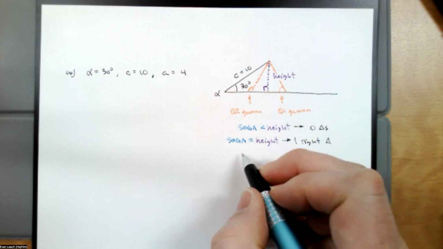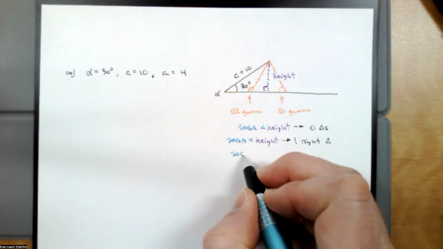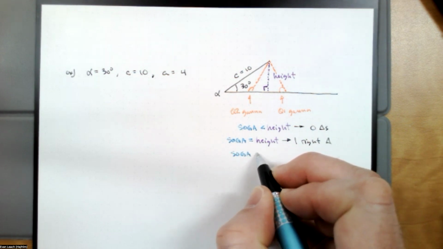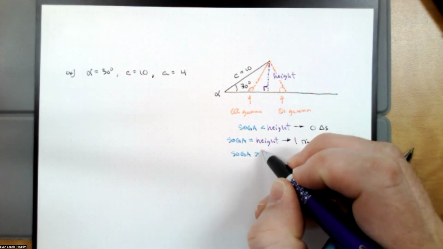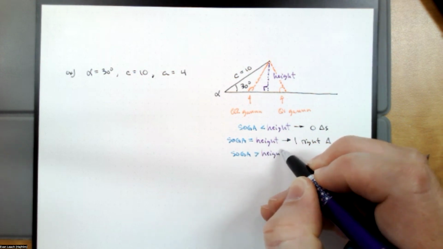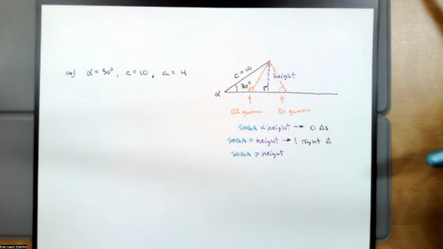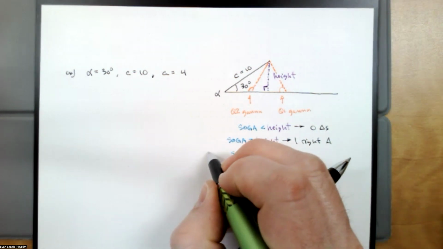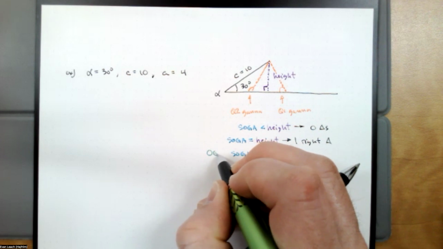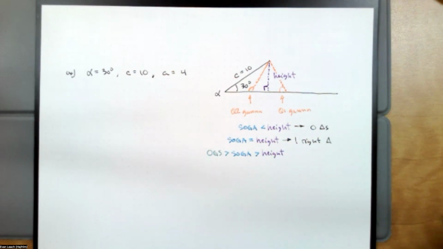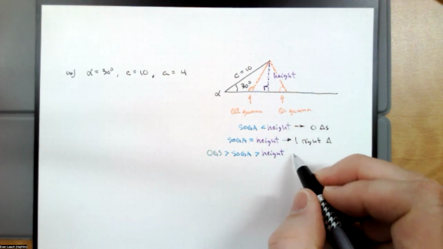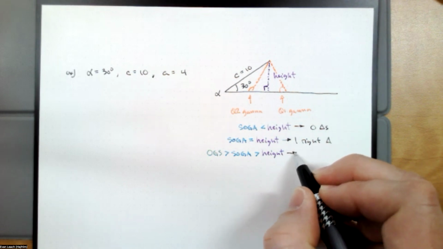In the previous example, the side opposite the given angle was greater than the height but less than the other given side. That gave us the two triangles case, our favorite.